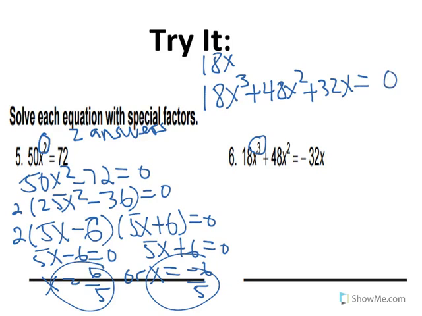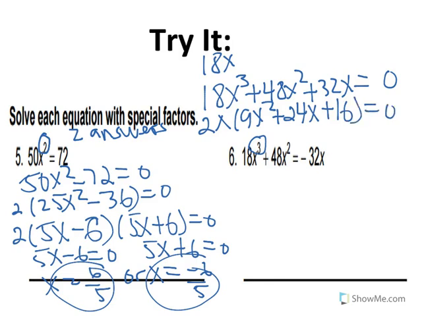Right, then they're all even numbers, we can factor out a 2. And then they all have an x, so we can factor out an x. This gives us 9x squared plus 24x plus 16 equal to 0.